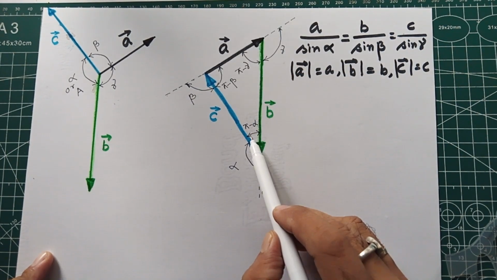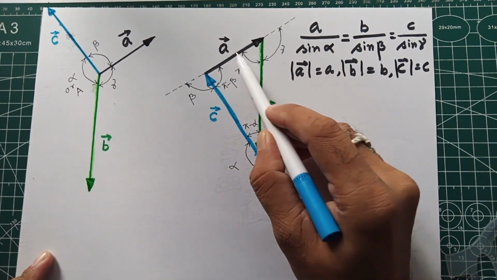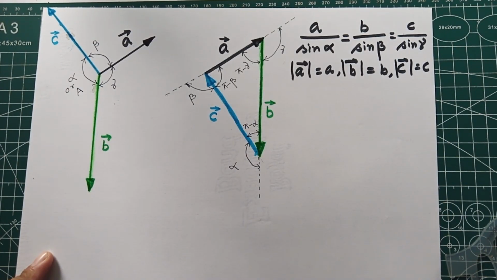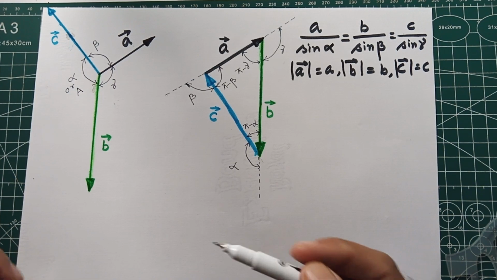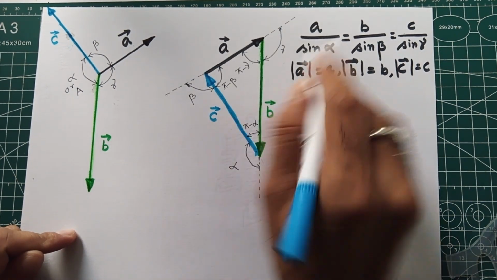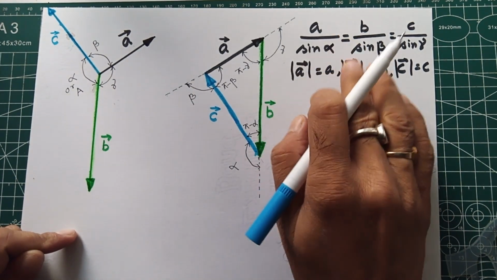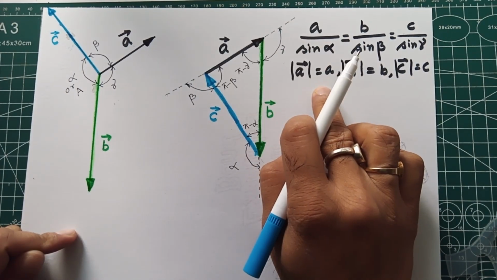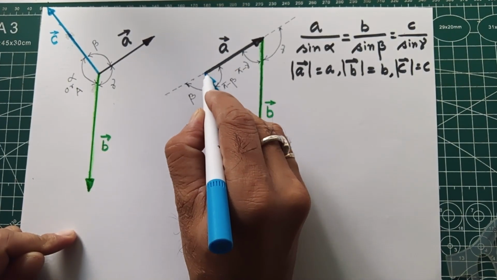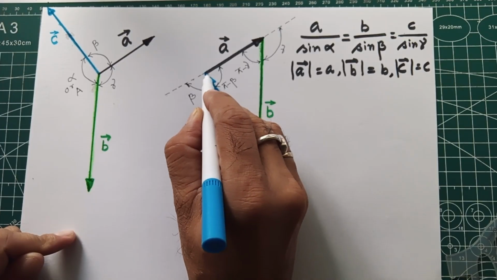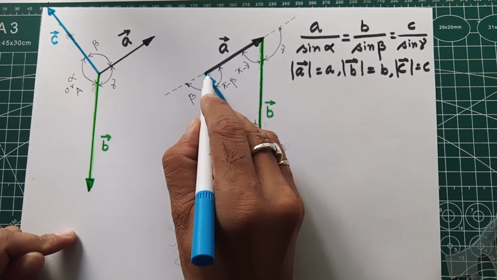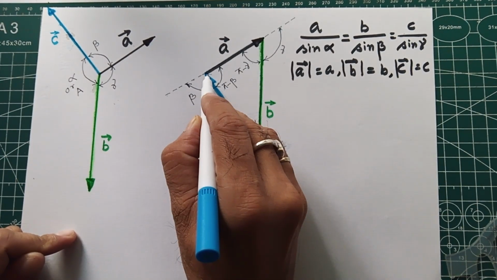So pi minus alpha, pi minus beta, pi minus gamma are the internal angles of the triangle. Okay, now what you do after that, this is the statement that you have. That means after writing the statement you write this. Then what you do, you draw a perpendicular from this point on this line.